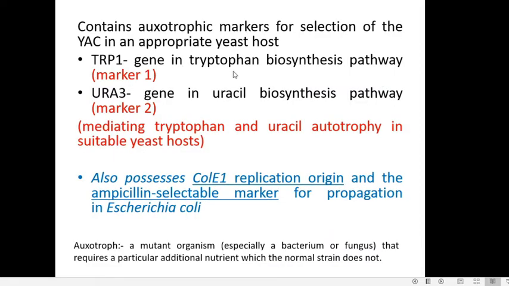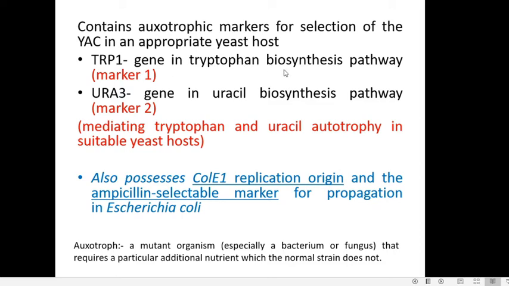Just imagine an experiment where we are using YAC as a vector and a yeast cell as a host cell. But when we use yeast cells as host cells, they should have certain properties. Say, for example, this yeast cell which I use is a mutant. That means it is not able to synthesize tryptophan on its own.